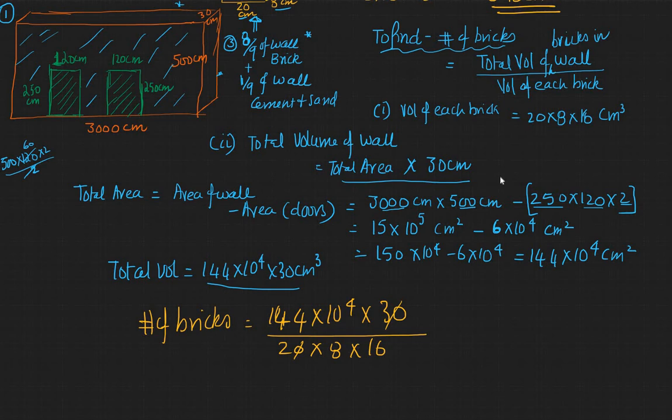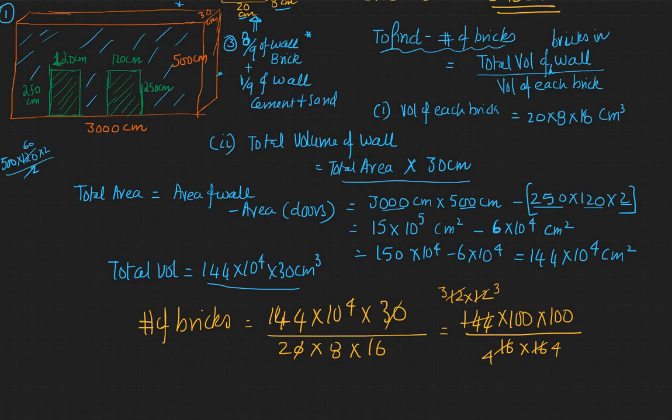This goes, and the denominator would be 144 by 16 squared, right? 144 into, let's say, 100 into 100 divided by 16 into 16. Now here we can write 144 as nothing but 12 into 12. Writing it as 12 into 12 would make sense, because we can now easily cancel this. So this is 3 into 4, this is 4 into 4, this is again 3 into 4, and this is 4 into 4, right?